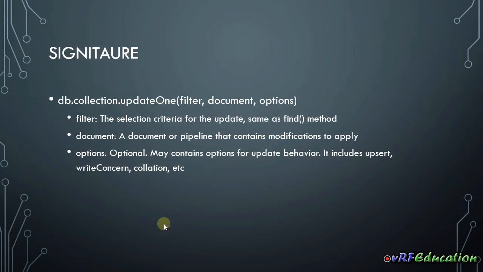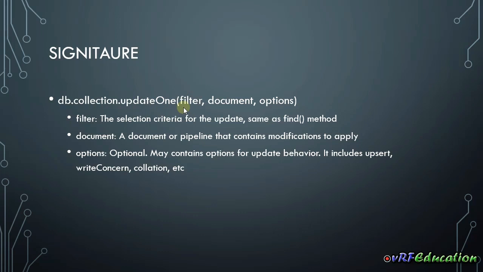Okay, let's see the signature of the updateOne method. Here, db refers to the currently activated database in mongosh. Collection should be replaced by the name of the collection that you want to update a record in. And then the updateOne method. Here we need to pass a filter. Filter is an object that we use to specify which document we're going to update.